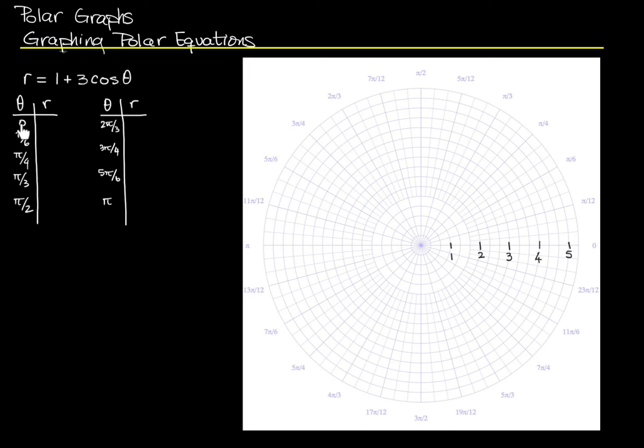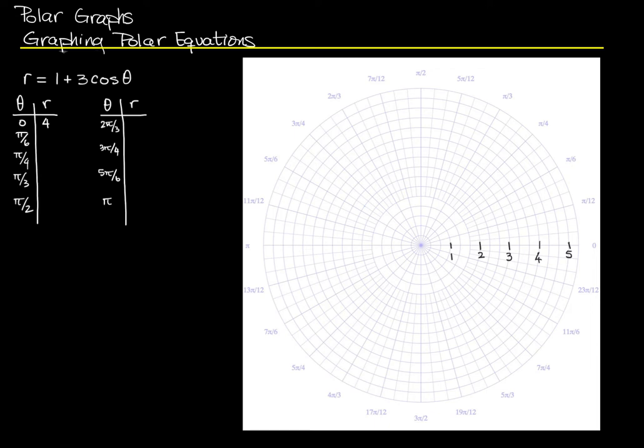values of theta. When theta is 0, plugging a 0 in here, I'm going to get cosine of theta, which is 1, multiply that by 3, I get 3, add 1 to that, I get 4. So in this case, when theta is 0, r is 4. Now I can plot that point.